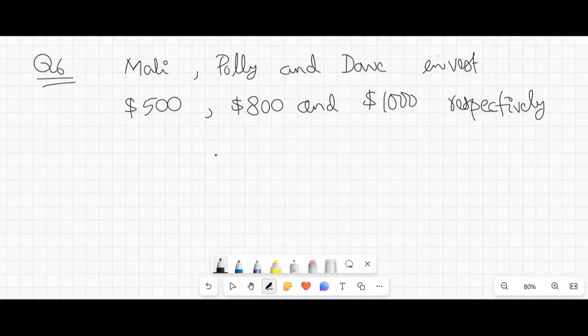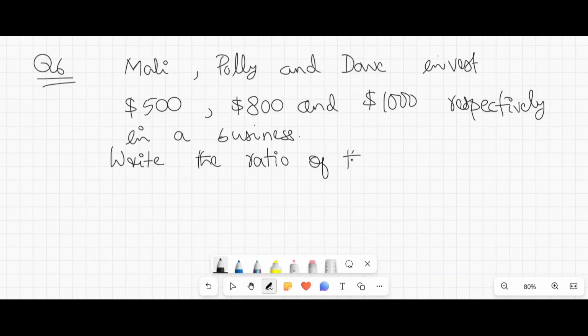Write the ratio of their investments in its simplest form.